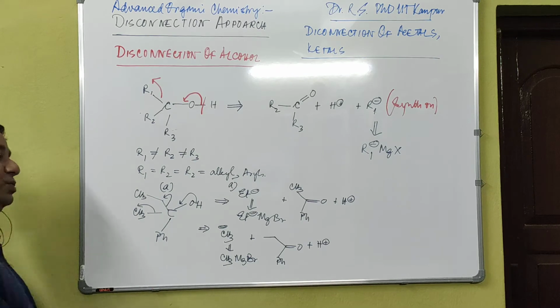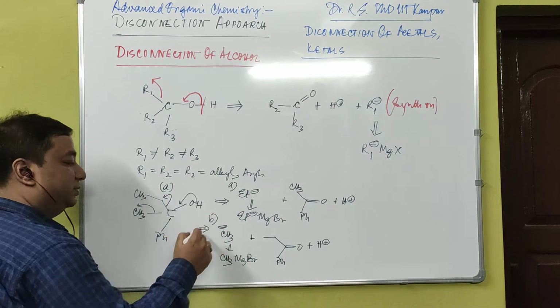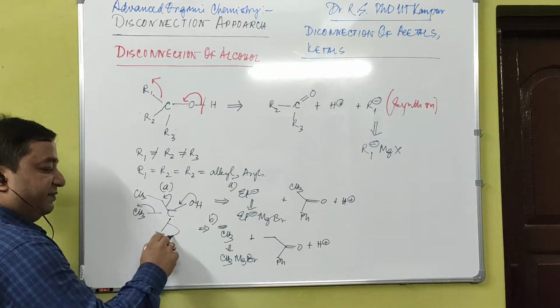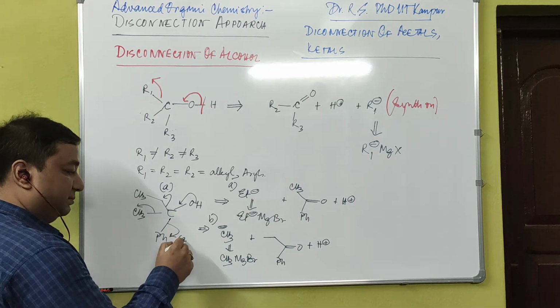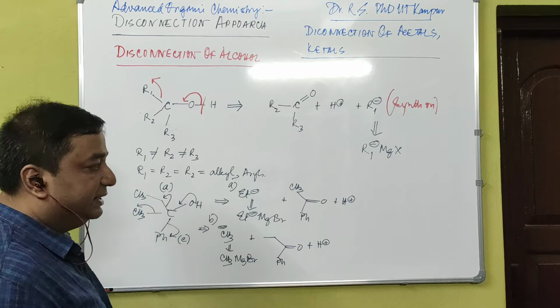So that is route 2. Now if I think of taking away Ph minus, I will call this route 3.